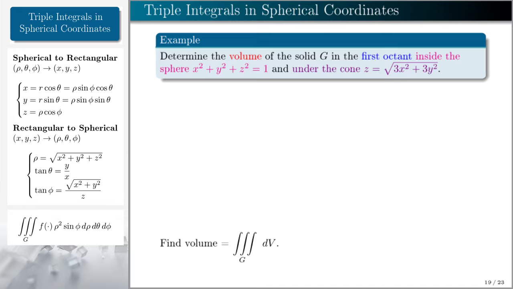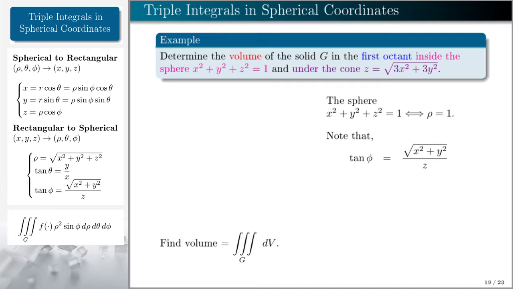Afterwards, I will be converting all of my surfaces into their spherical coordinate counterpart. For example, x squared plus y squared plus z squared equal to 1 will just be rho equal to 1. The cone will be a little bit more complicated, but I know how to evaluate cones. I will just use the fact that tangent phi will just be square root of x squared plus y squared over z.